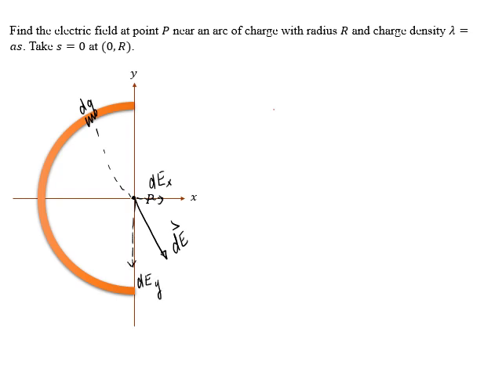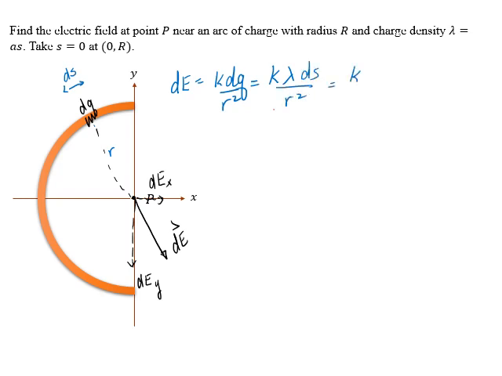Let's write down our dE first. dE equals k times dq over r squared. R is the distance from the charge to the point. It's the radius of the circle. dq is lambda times the length element. The length of our little bit of charge is a little bit of the arc, ds.